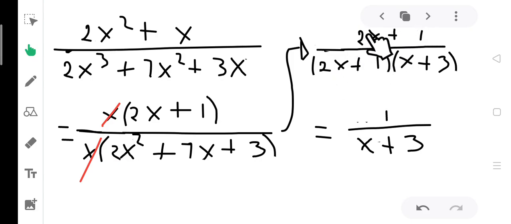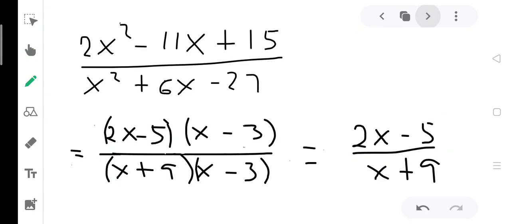So we're going to divide that common factor. 2x plus 1 divided by 2x plus 1 is 1, and 2x plus 1 divided by 2x plus 1 is 1. Then 1 times x plus 3 is x plus 3. So we have this one as the final answer.